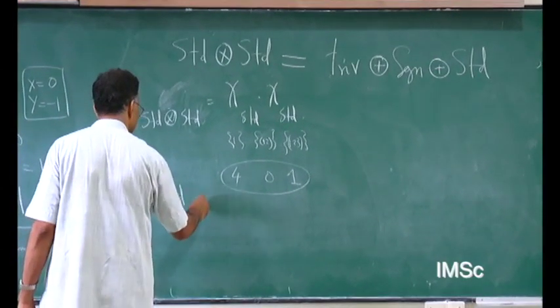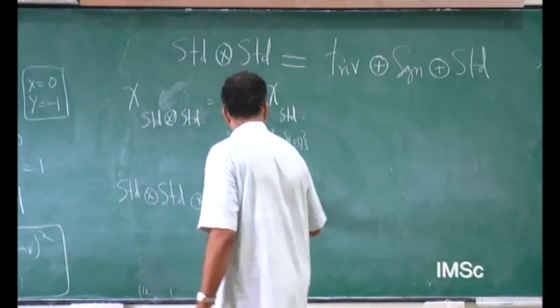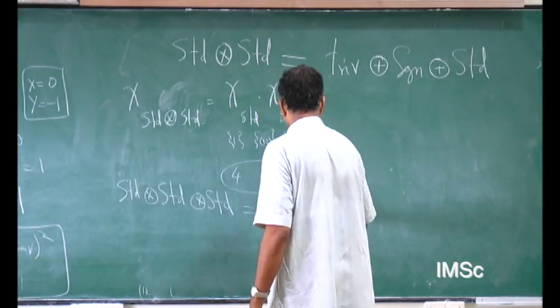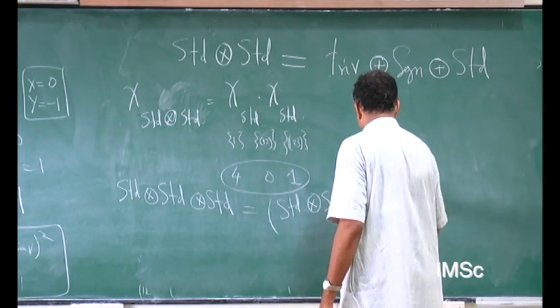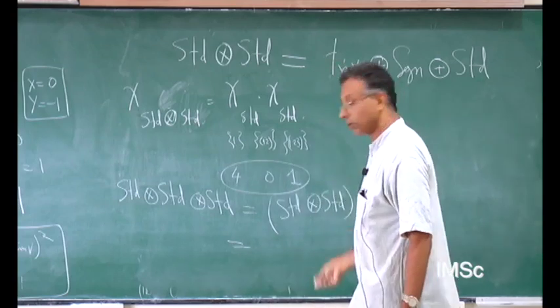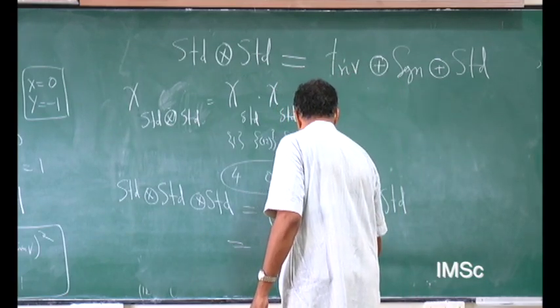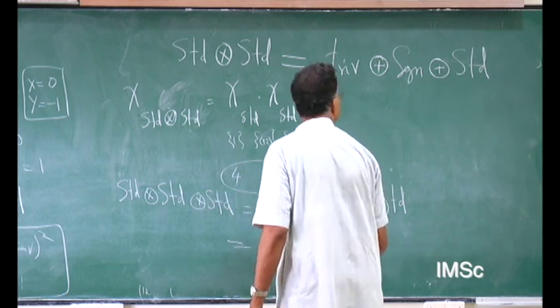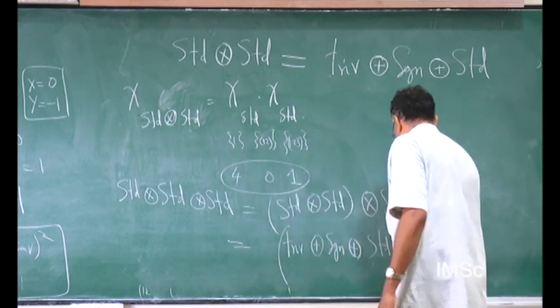What do you do for that? Well, you can write it as standard tensor standard, you can bracket it, and then you know that this is equal to this. So it is triv plus sine plus standard tensor standard.